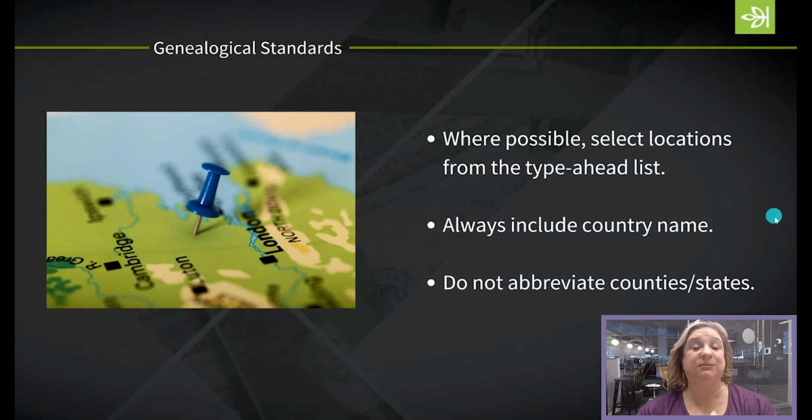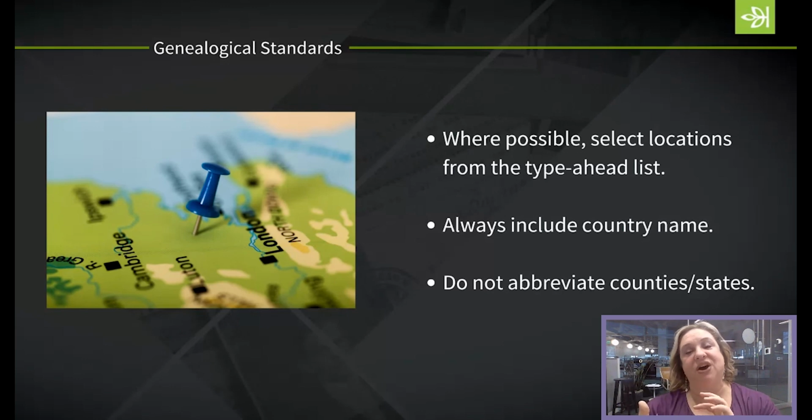Now, if you want to get really specific about a location, like if you want to list the hospital where they were born or their address where they were living when they died, that is great information to put in the fact description. In the location field, you just want to include the city, state, and country, or the town, the county, and the country, or from wherever you are in the world, or wherever that family member lived.